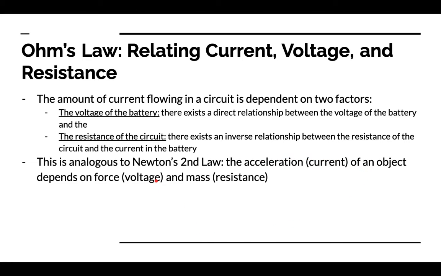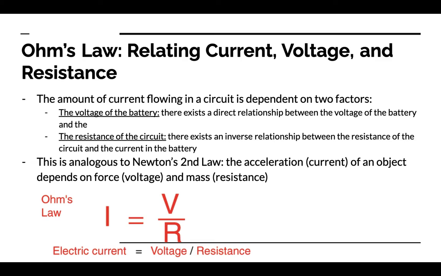In fact, in classical physics, voltage is also known as the electromotive force, even though it's not technically a force, okay? And that current also depends on the resistance inherent in the circuit. Now, the only difference that I have an issue with is that current is more like velocity than it is acceleration. So it's not a 100% exact analogy, but it suffices for connecting it to prior concepts.